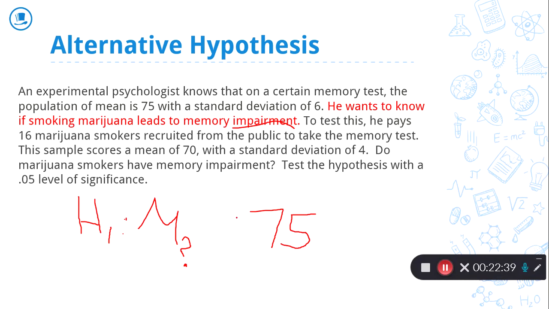If that's true, then we should see the mean of the marijuana smoking population, mu unknown, less than 75. I don't know what it's going to be. He has no idea what it will be, but logically, if their memory is impaired, they should score lower on this test. That makes this a directional alternative, and it's appropriate to use the less than sign.